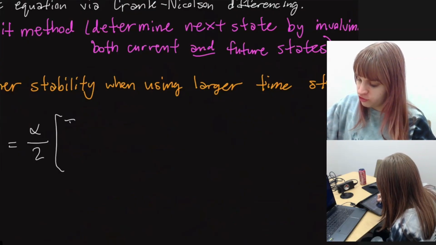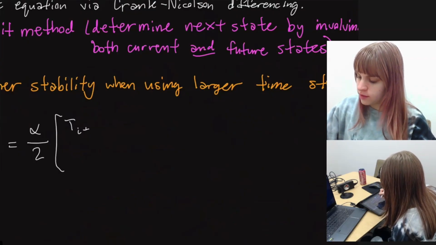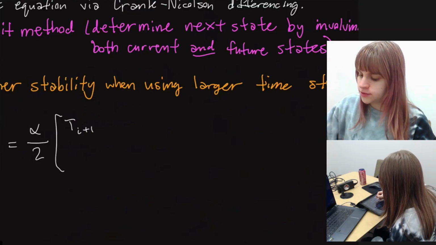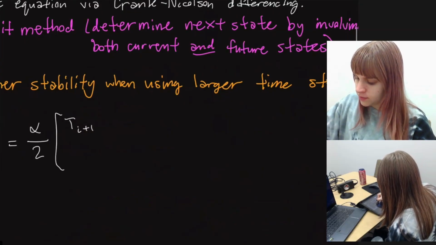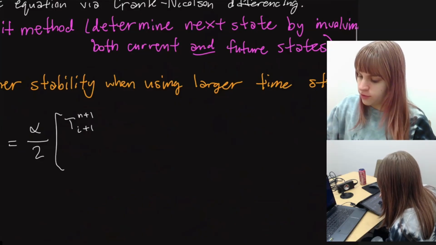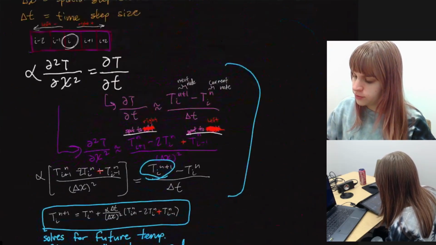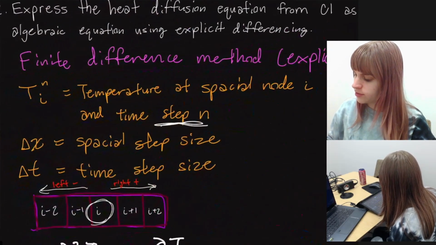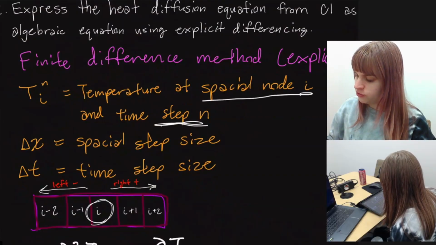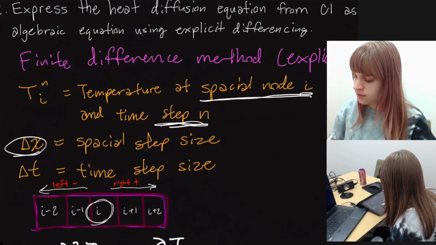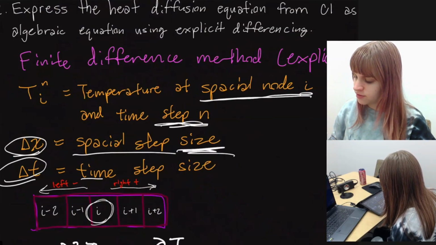So we have the temperature node to the right, i plus 1, and we're doing this for the next spatial node. Remember that i is the spatial node, n is the time step, delta x is the spatial step size, delta t is the time step size.